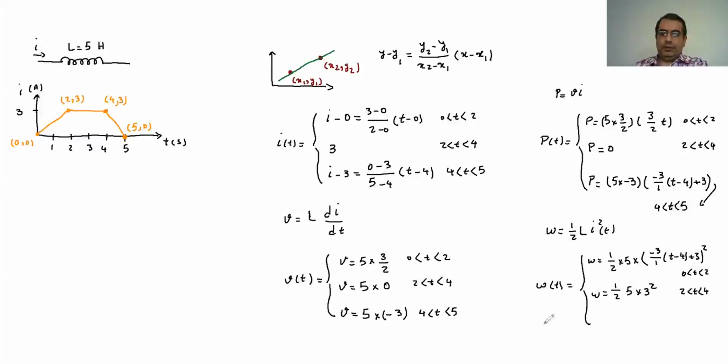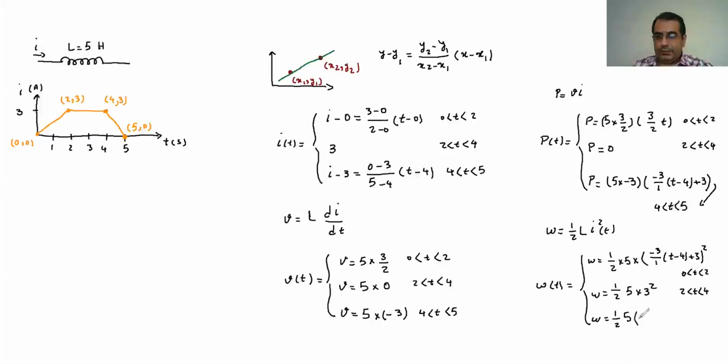And then for the very last one, what we have is W is going to be again half of 5, so half of L, and then I squared, and the I squared again is going to be here. Oh, sorry, I made a mistake here. I'm going to fix it.